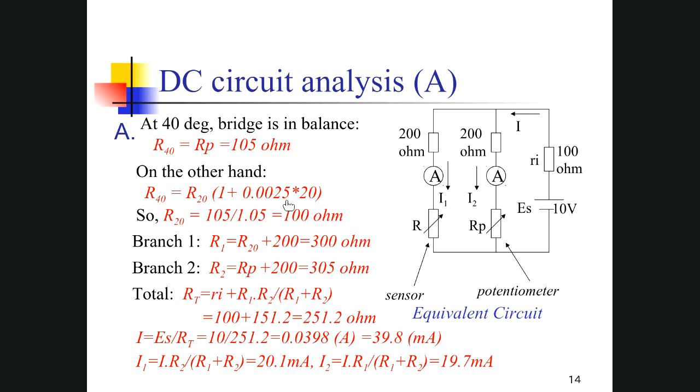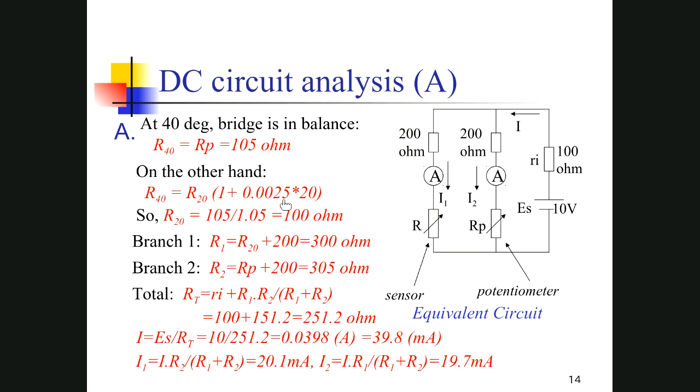Now, in comparison with 40 degrees, suppose the 20 degrees resistance is R20. Then the resistance at 40 degrees is related to the resistance at 20 degrees, as given here, which we learned in the first class already.